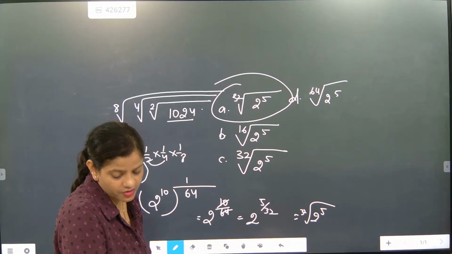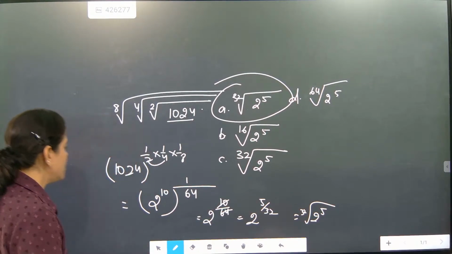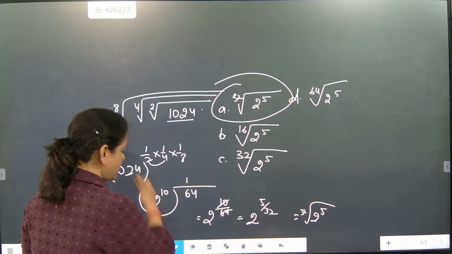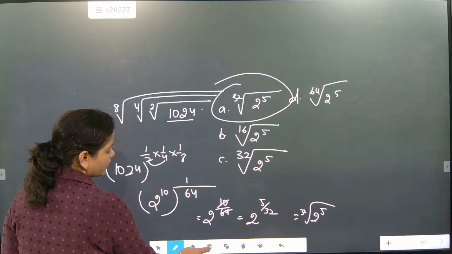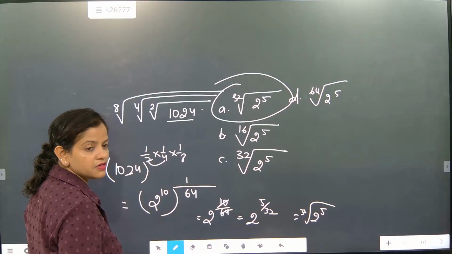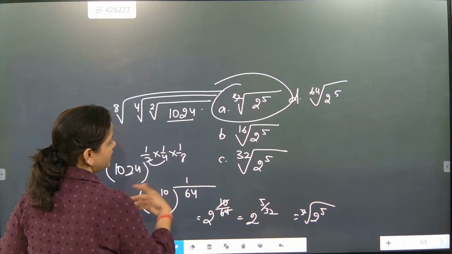Just remember this one. You'll be able to handle any question. If any 2, 3, 4, 5 roots are there like this, you can solve like this. Can I teach you another part? If you want to write down, note down.